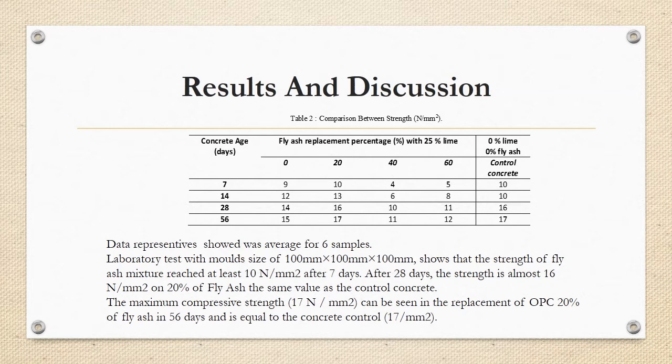control concrete. The maximum compressive strength, which is 17 N/mm², can be seen in the replacement of OPC with 20% of fly ash at 56 days, and this value equals the control concrete.